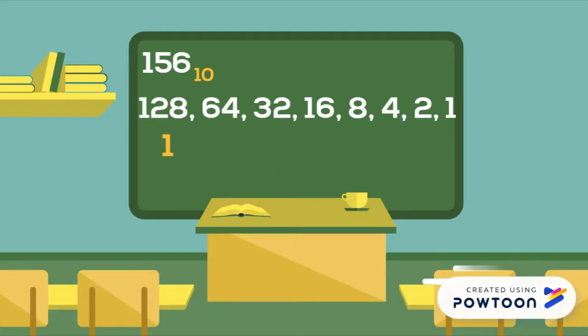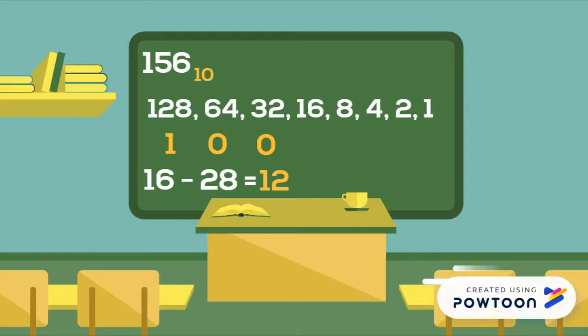So that leaves us 1, 0, 0. So the 64 and the 32 will have a 0 in the binary number. Now since the next is 16, 28 minus 16 is equal to 12. That leaves us another 1. So 12 minus 8 is equal to 4, another 1.